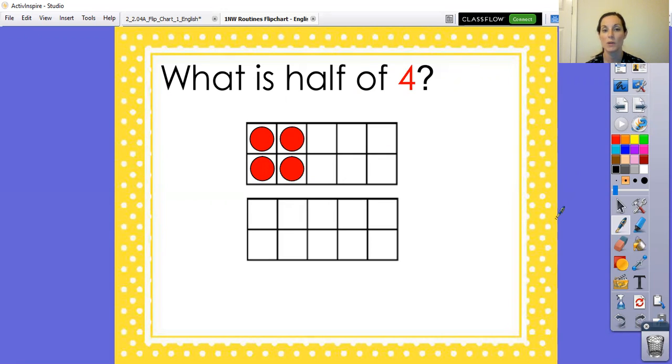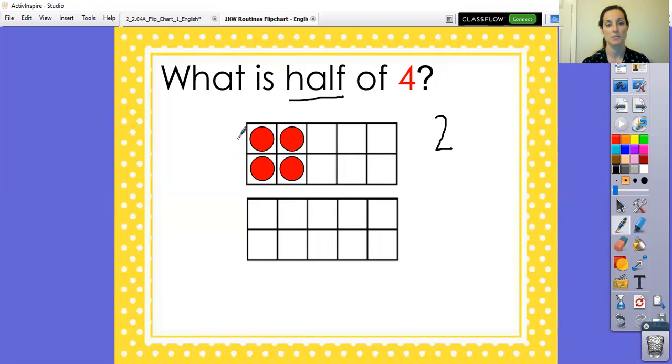And finally, what is half of 4? Remember, our key word here is half. Here's our 10 frame and our 4 counters. Half being 1 set. Think in your head, what is half of 4? If you said 2, you are correct.